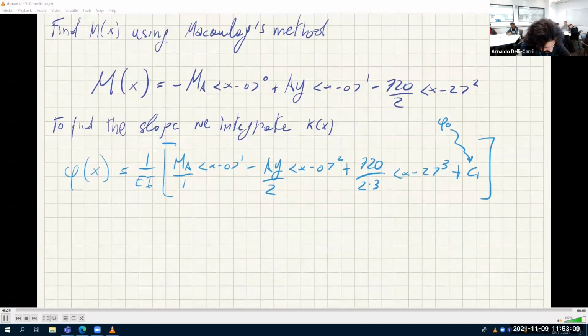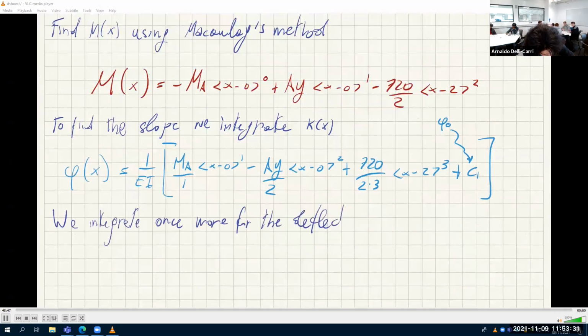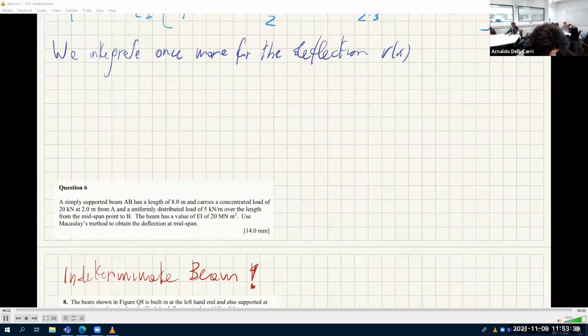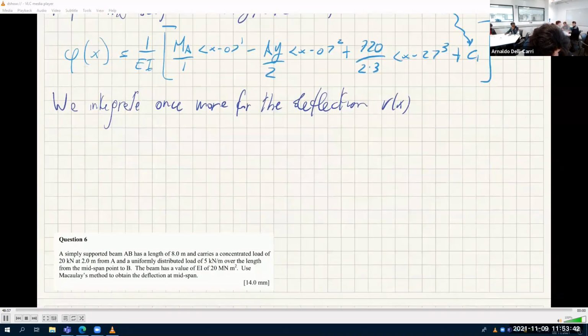So let me turn this red. And now we integrate once more for the deflection v of x. So v of x is 1 over EI.